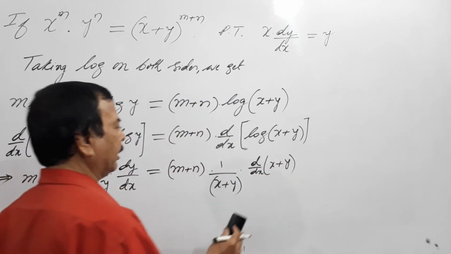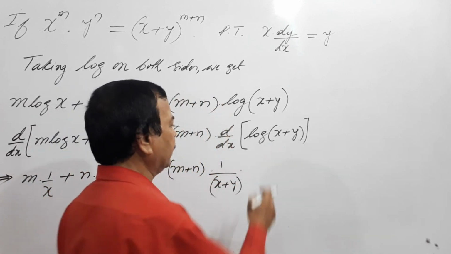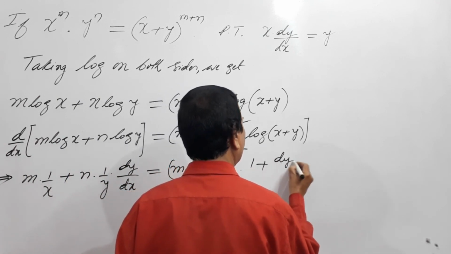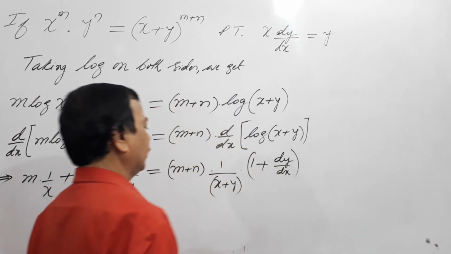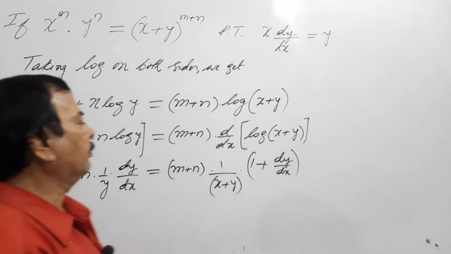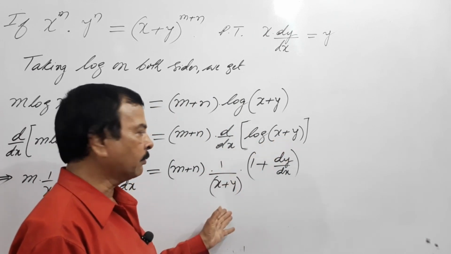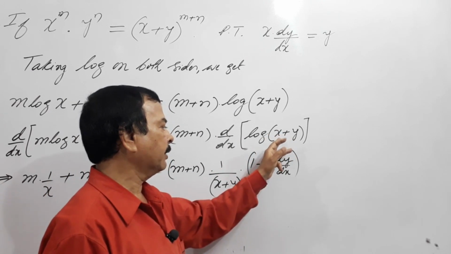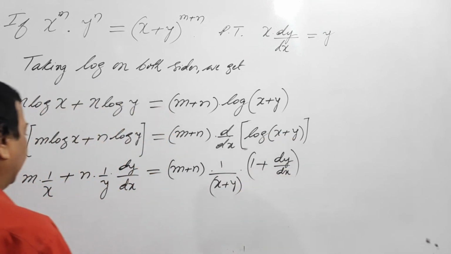I should have avoided this step. Okay, let us straight away solve this. So you know this, you have to take dy by dx. So this becomes 1 plus dy by dx. If you differentiate log of (x plus y), that is 1 by (x plus y) into d by dx of the inner function. So this becomes d by dx of x is 1 plus dy by dx. So we will rewrite this.